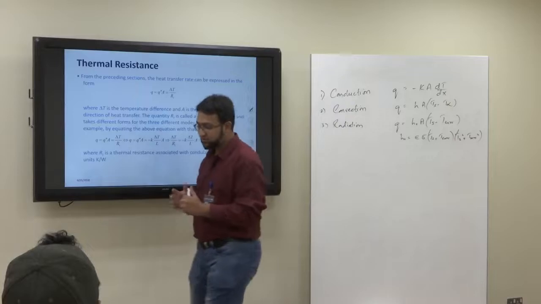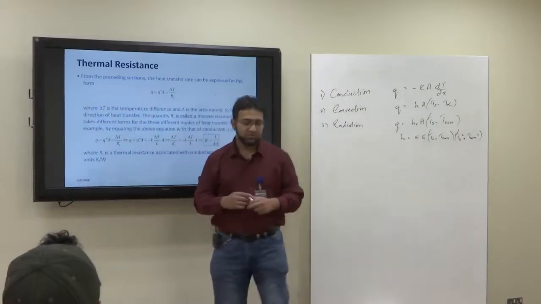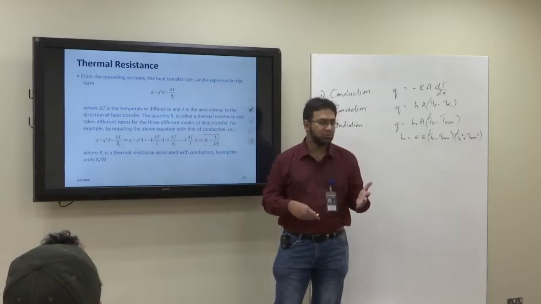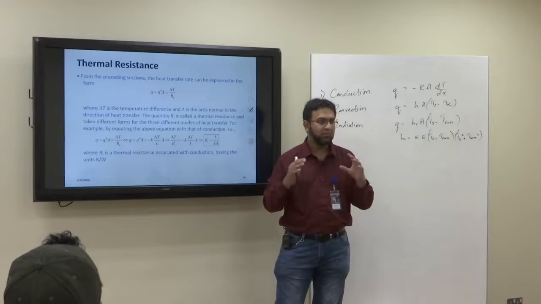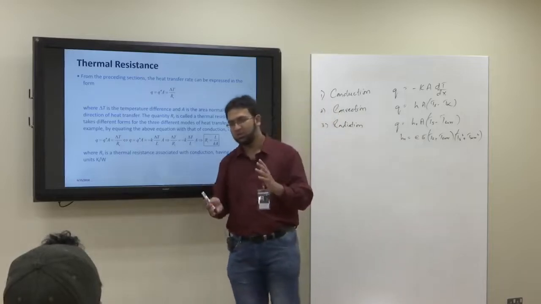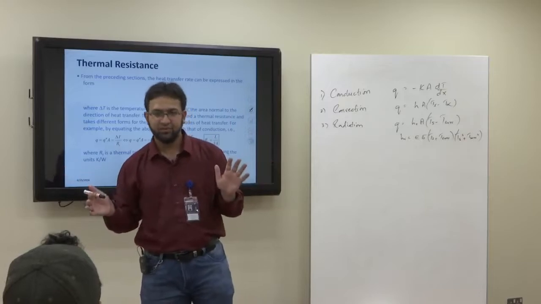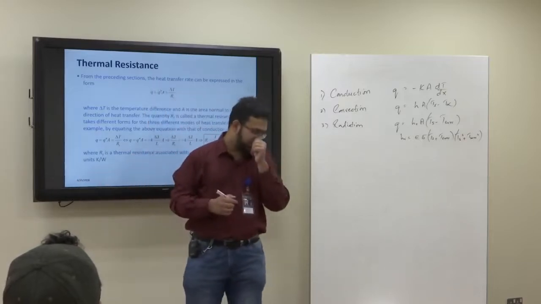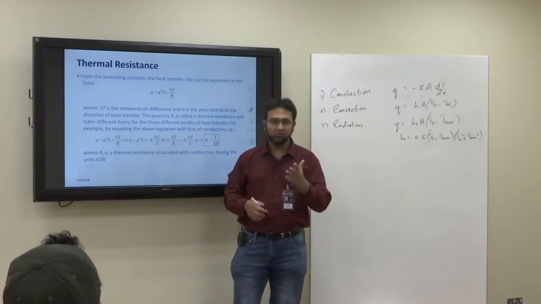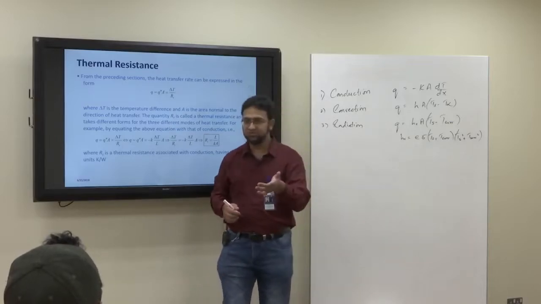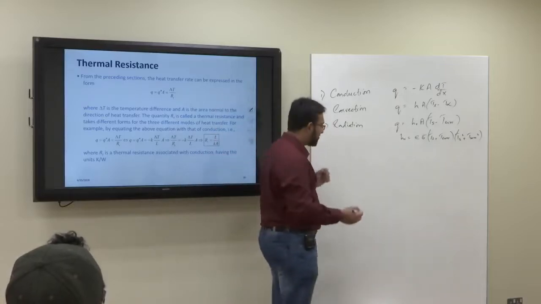Now, let's first understand the concept of resistance. Look, there is a general law of the universe. The universe was created by God, and God made one specific law which is followed everywhere in every field. Let me give you an example from the electrical systems that you are well aware of. You know Ohm's law. What's Ohm's law?